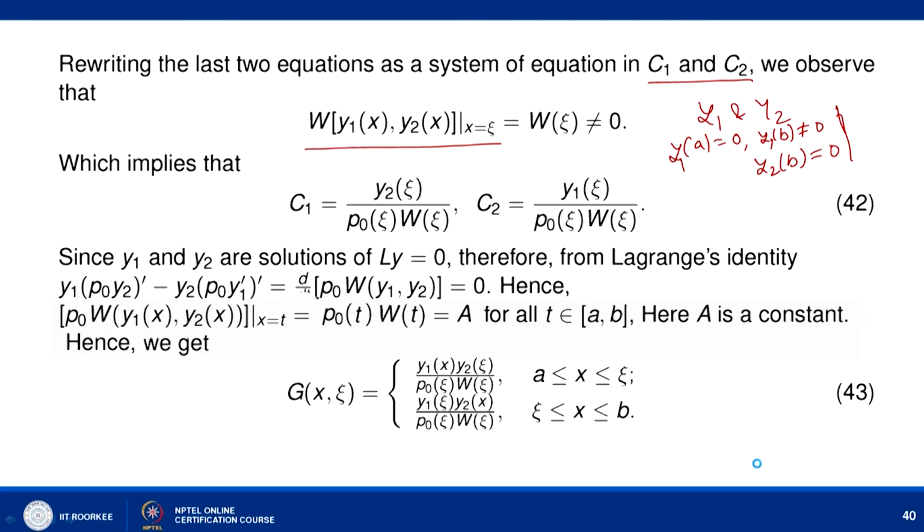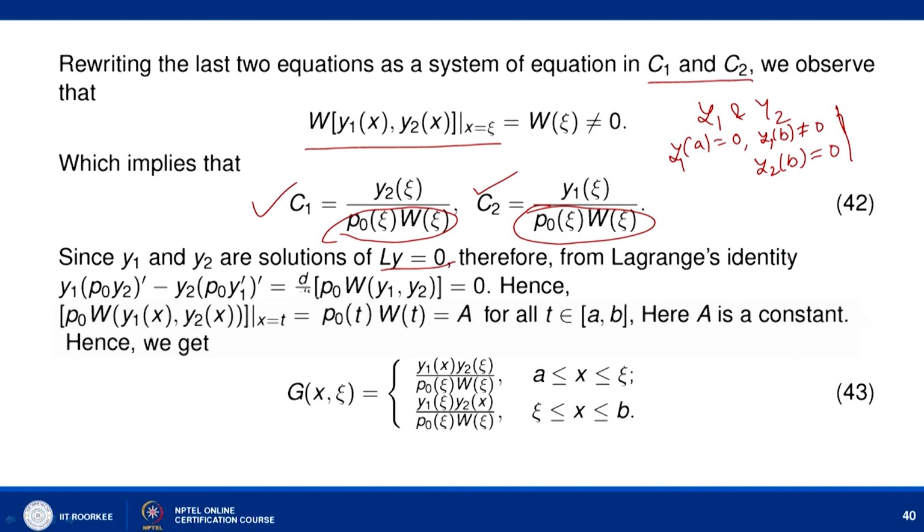So, with the help of the Wronskian we can write down the solution C1 and C2, and here we have to note one thing, that the denominator p0(xi) W(xi) is going to be a constant value. For that we utilize Lagrange's identity, noting that y1 and y2 are solutions of Ly equal to 0.